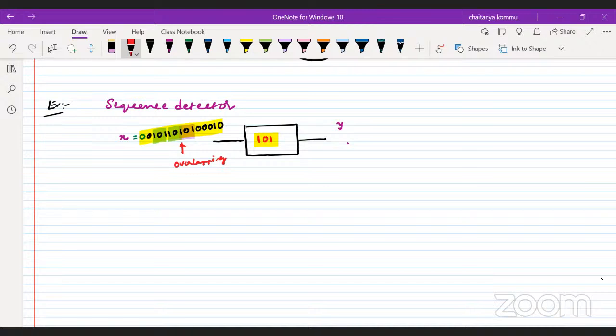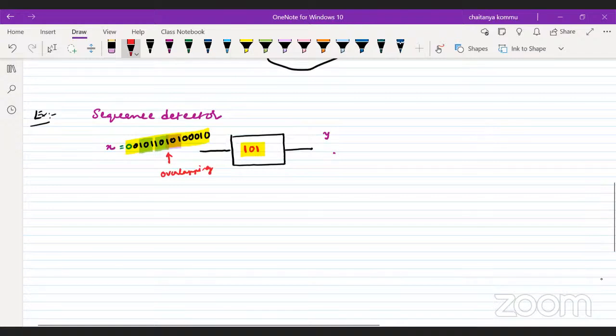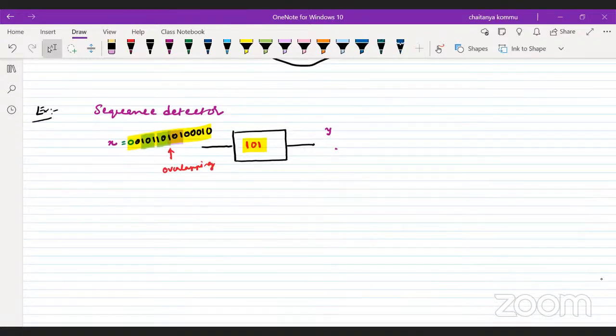Sometimes non-overlapping is also considered. That means once the 3 bits are completed, we have to start a new sequence from the 4th bit onwards. So these are called non-overlapping sequences.